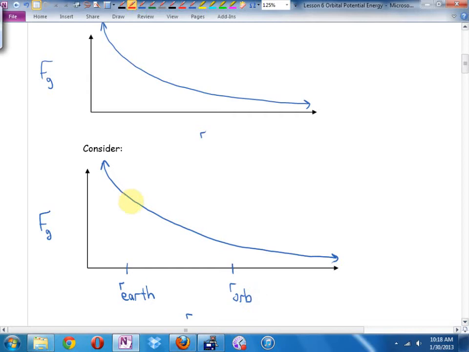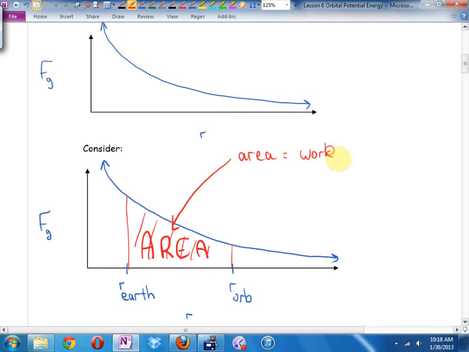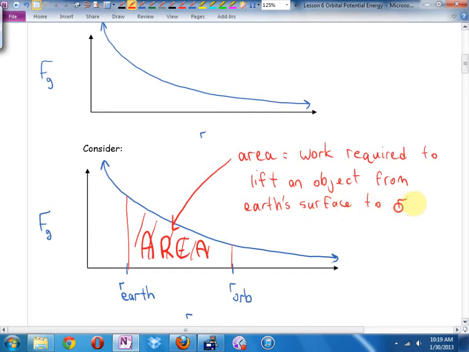If I were to calculate that area, that's the work required to lift an object from the Earth's surface to a height of, or a radius of, our orbit, to an orbital radius.